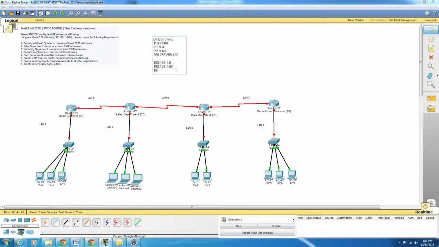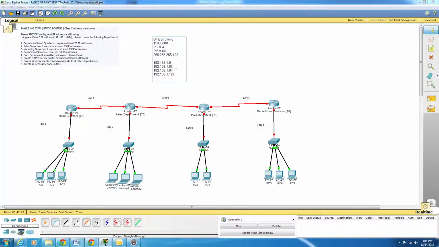The second would be 192.168.1.64, and that will go up to, you just add another 63 to that, 192.168.1.127, and that would give you your second IP address range.